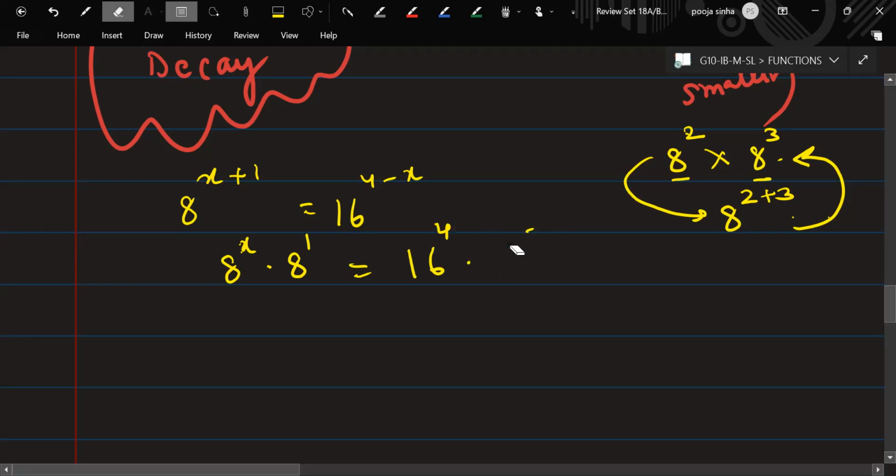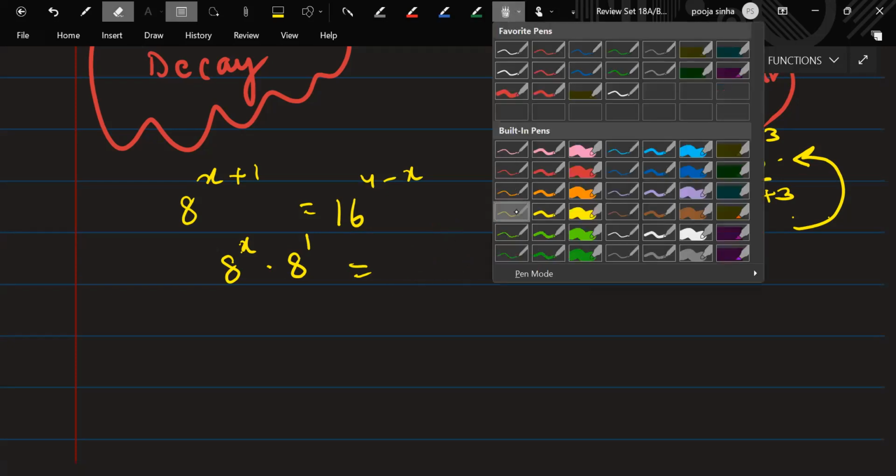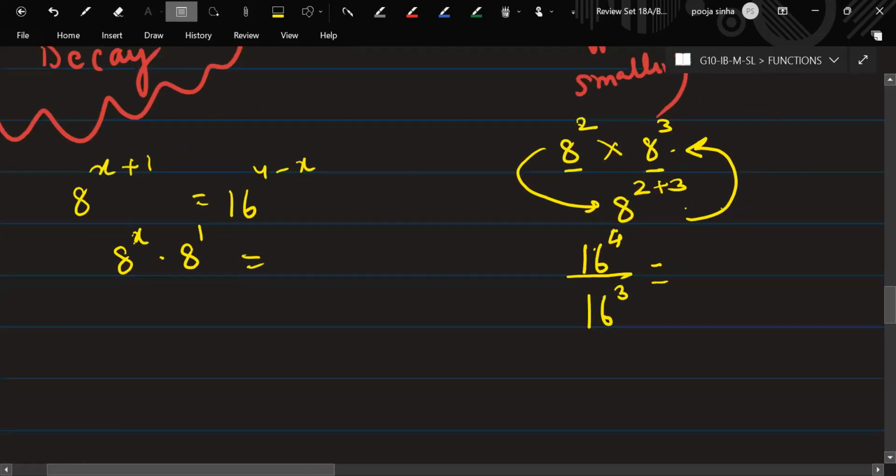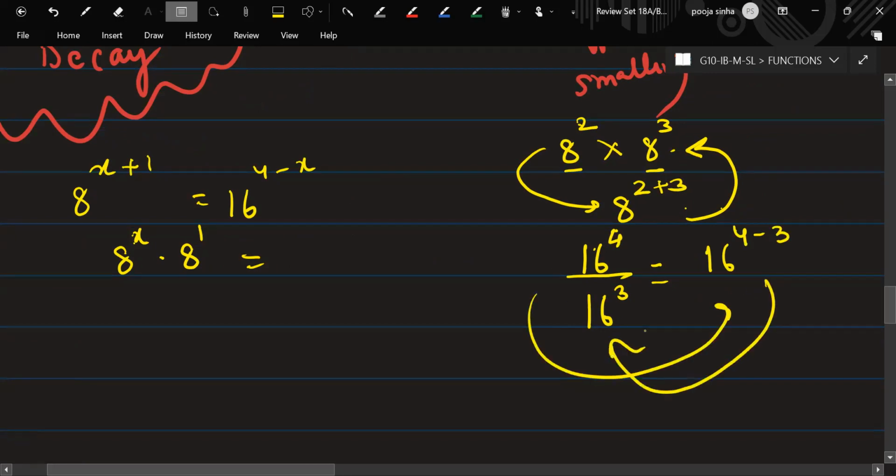The rule says when they're divided: suppose I had 16 raised to power 4 divided by 16 raised to power 3, then it will become 16 raised to power 4 minus 3. So if I can go from here to here, I can always come back. So can I write this as 16 raised to power 4 upon 16 raised to power x? Is this clear?